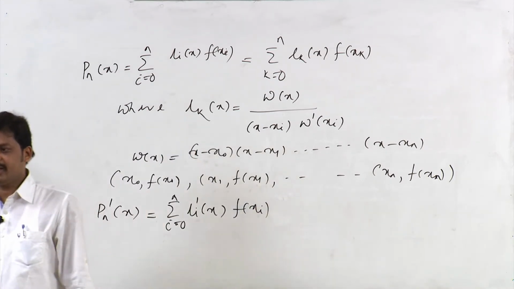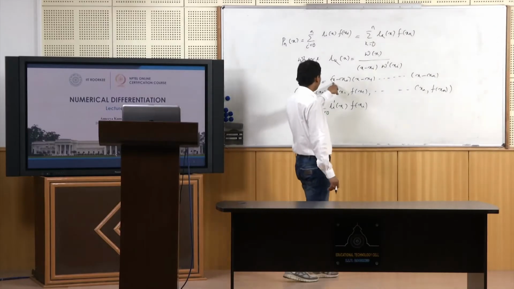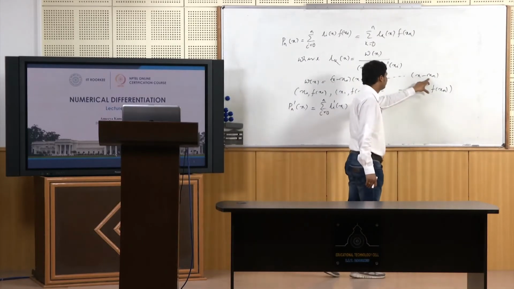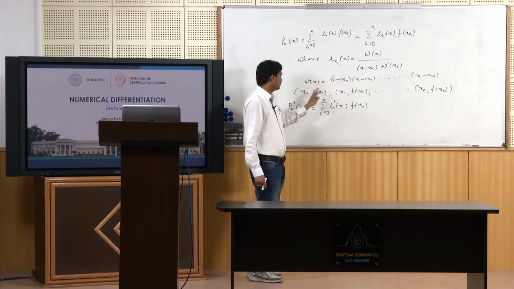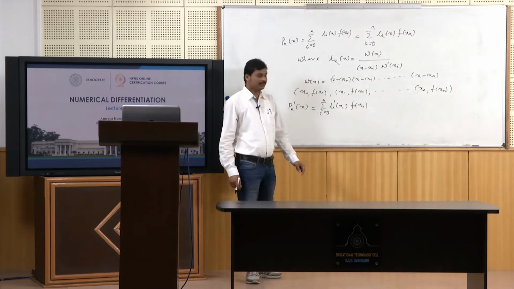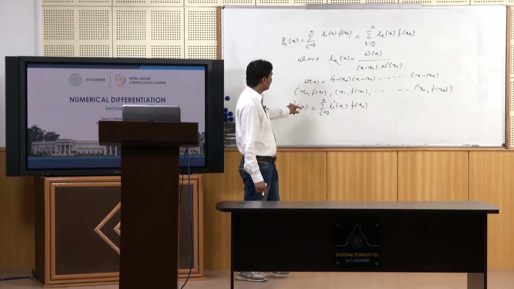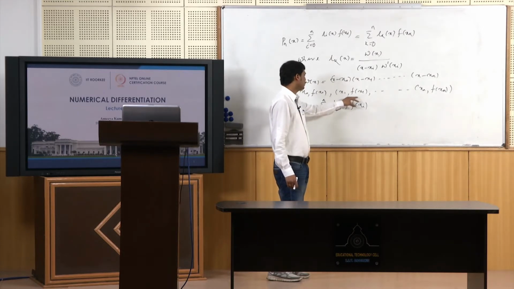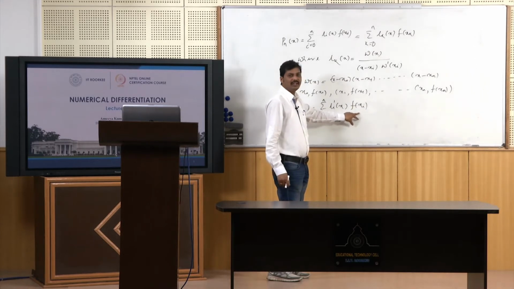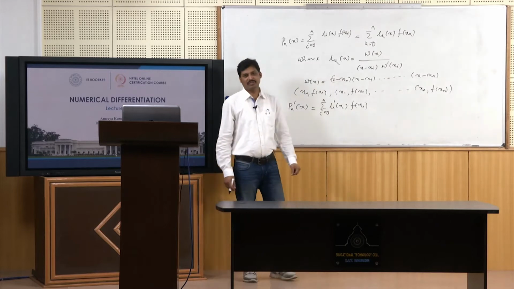Since this omega(x) consists of variables in the form of x here, we can differentiate this function. Especially, this derivative of Pn(x) is nothing but the derivative operating on Li(x), multiplied with the functional values or tabular values which have been given at all of these nodal points or tabular points.